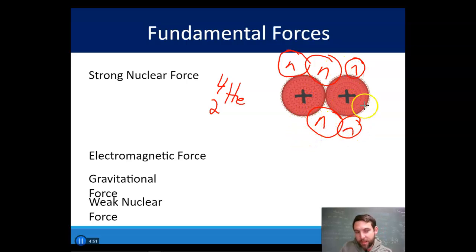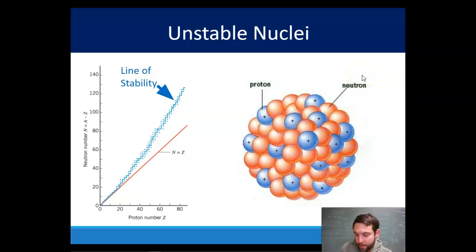If something is off and you have a whole bunch of extra neutrons, this is what we would refer to as an unstable atom, or specifically an unstable nucleus. An unstable nucleus happens when there are more neutrons than there are protons.